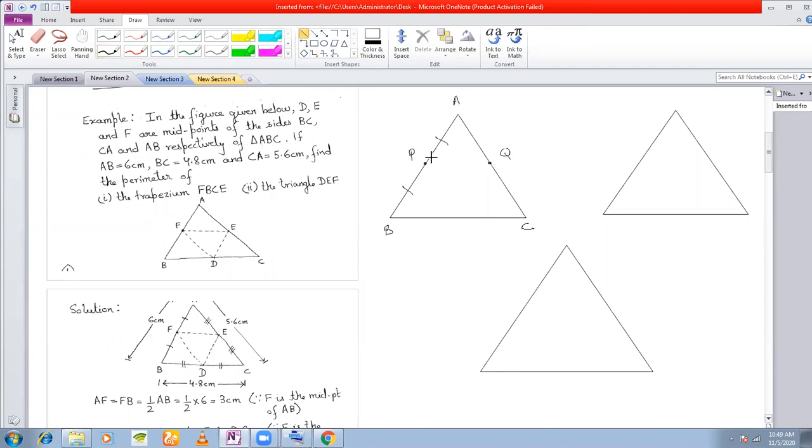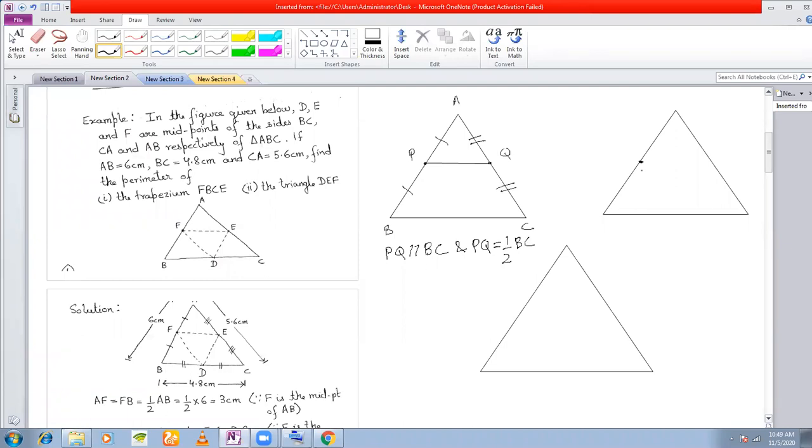We join P and Q, then all the conditions of the midpoint theorem are satisfied because these two are midpoints. So you can say that PQ is parallel to BC, and you can also say the length of PQ is half of the length of BC.